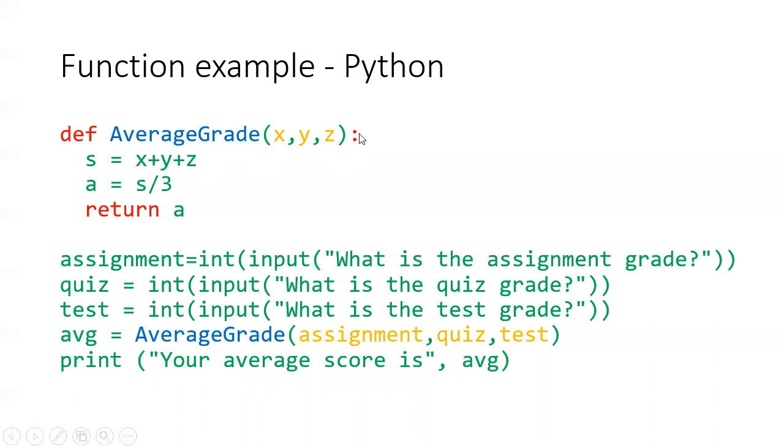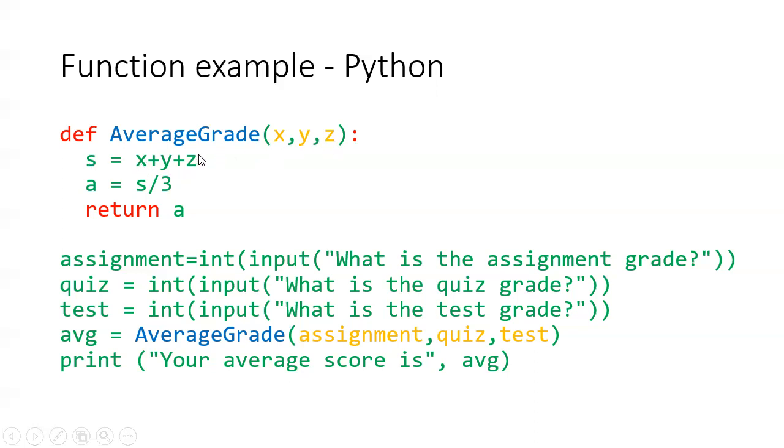And then there's the colon, right? So all of this stuff is indented from the DEF. These are the lines of code that are part of this function. So what happens in this function? This function creates a variable S, which is only used inside the function.